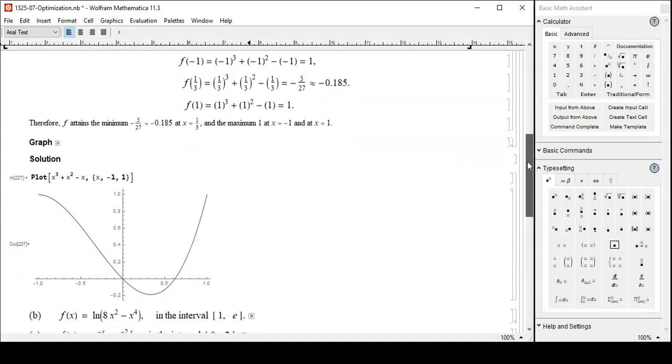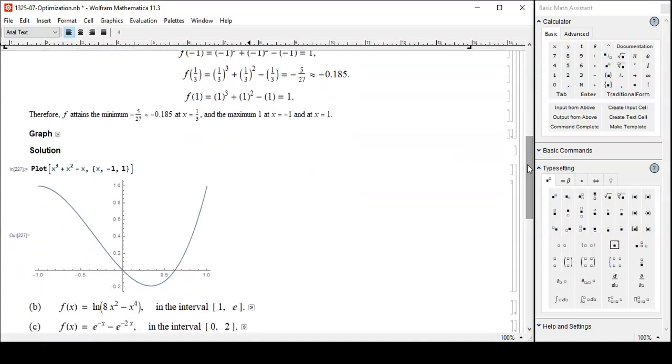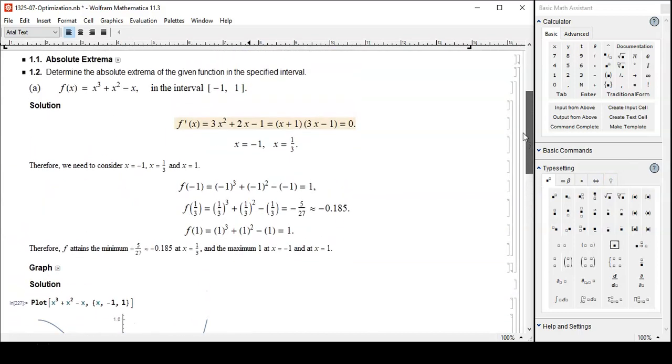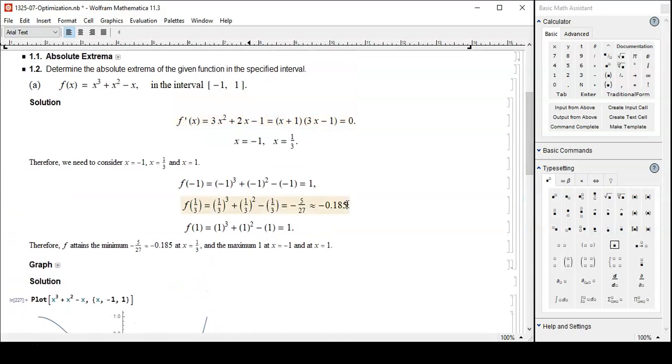Look at the graph. x equal to -1 versus x equals 1/3. Which one is the one that I want? Clearly, it's the 1/3. That's the absolute minimum. Do you see that? It's x equals 1/3. And if I do that, I'm going to get negative 5/27, about negative 0.185.